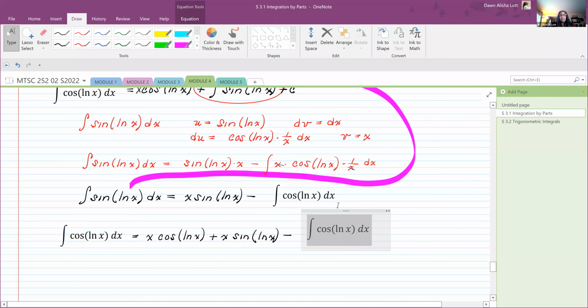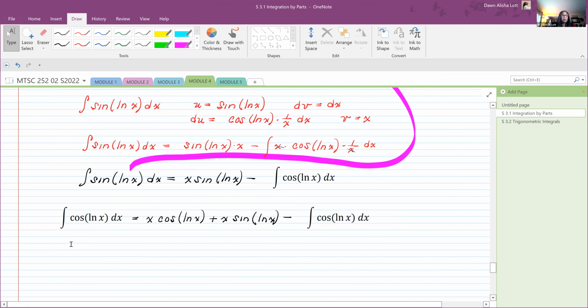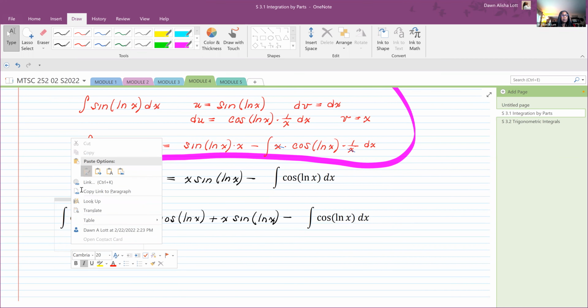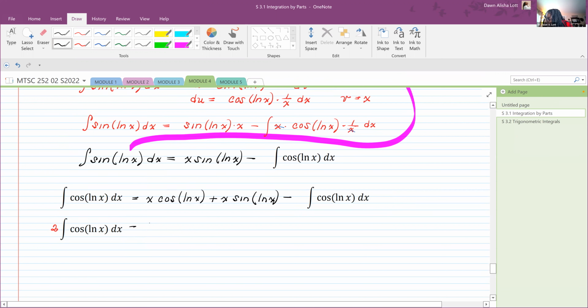So now I need to add it to both sides. Okay, so I get 2 of them is equal to x cosine of the natural log of x plus x sine of the natural log of x.